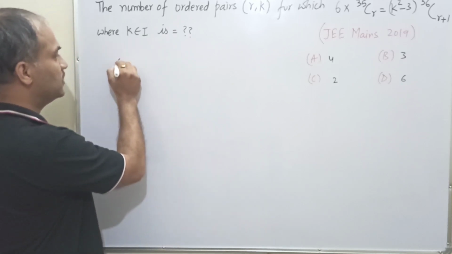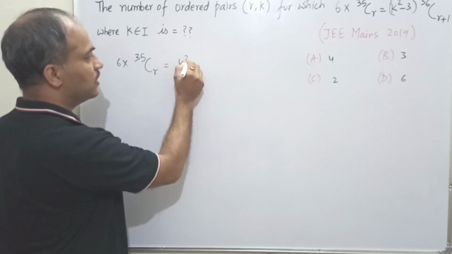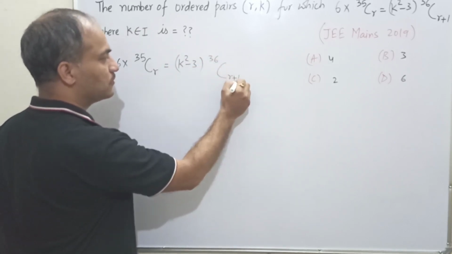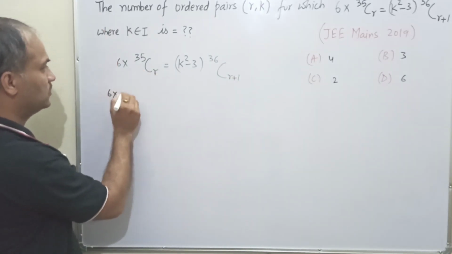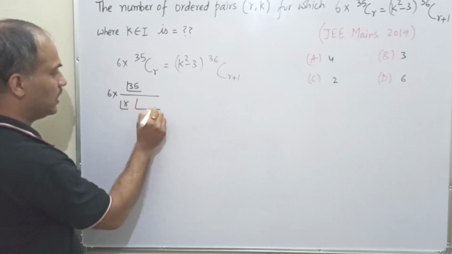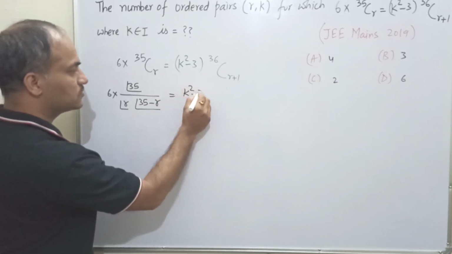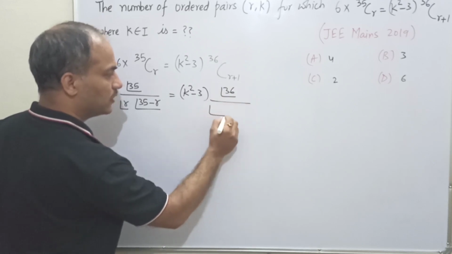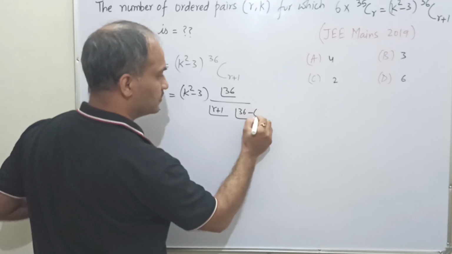So we have 6 into 35Cr, this is k square minus 3 into 36C(r plus 1). Expand it using the combination formula. So we get 35 factorial upon r factorial and (35 minus r) factorial. This becomes k square minus 3 into 36 factorial upon (r plus 1) factorial and (36 minus (r plus 1)) factorial.